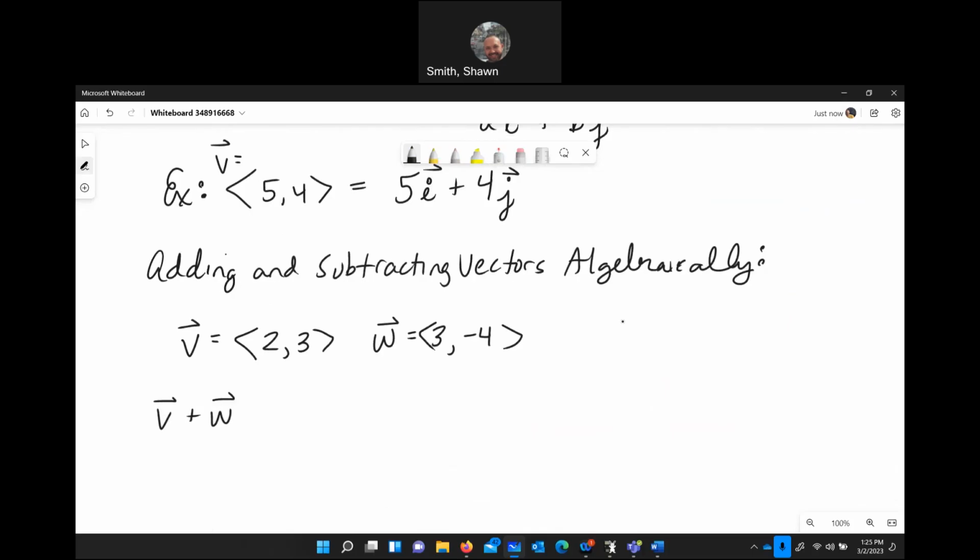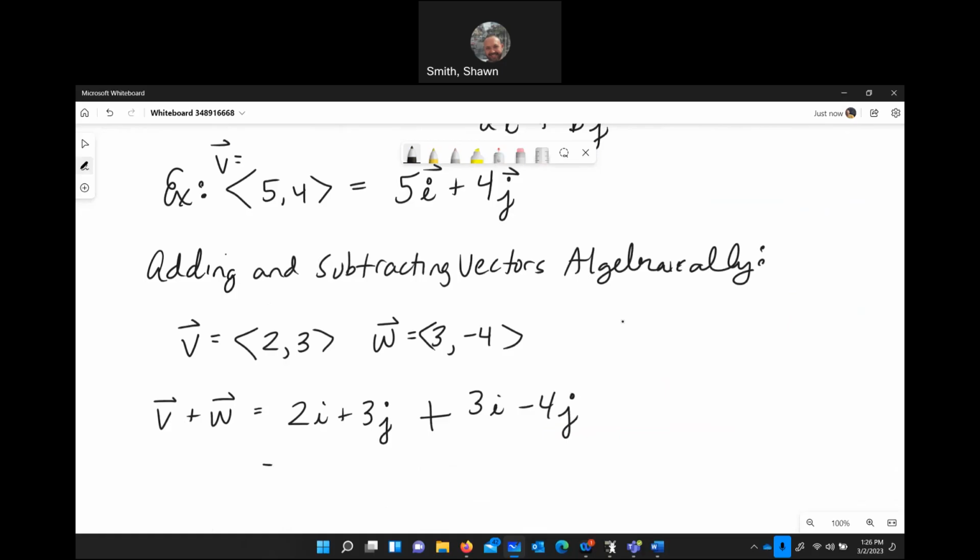All right, so vector v plus w. Adding them's not too bad. It's subtracting them where you can have a little bit of careless errors. But if you put them in this ai plus bj format, this is 2i plus 3j added to 3i minus 4j.